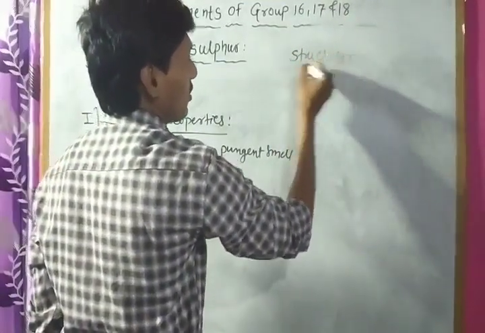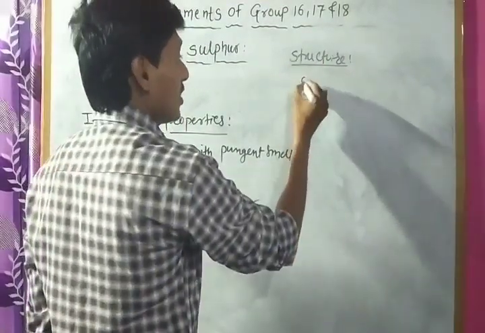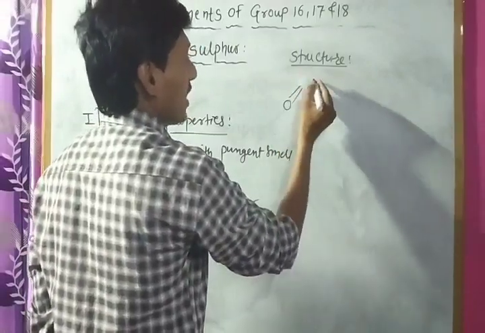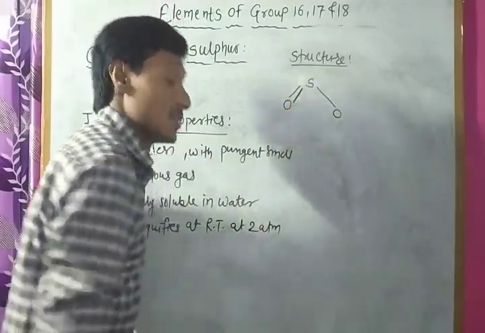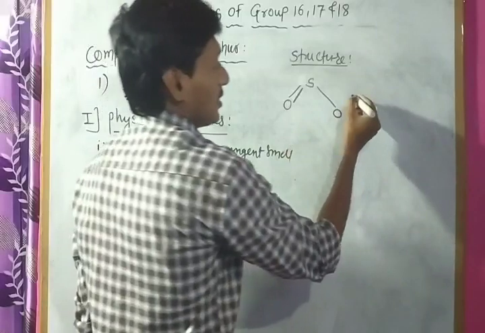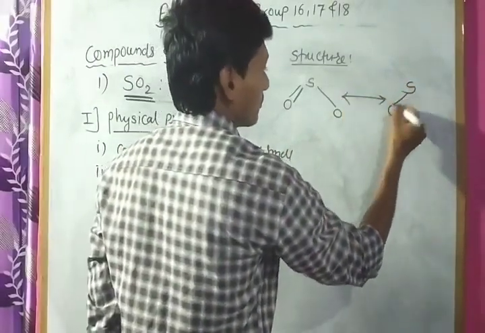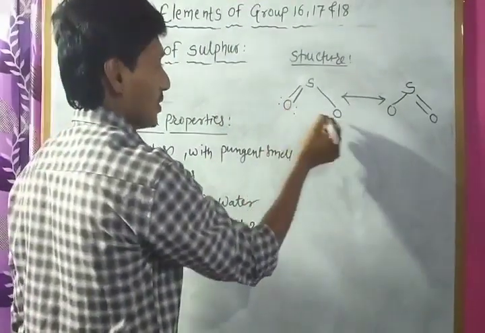Structure of SO2. It is an angular structure like ozone, in which the sulfur is bonded to oxygen like this, and we can draw its resonance structure like this.